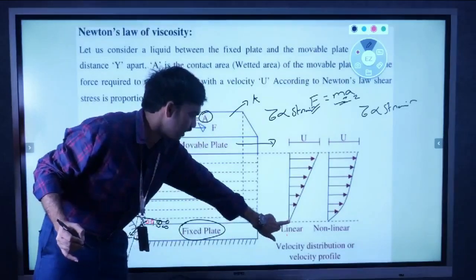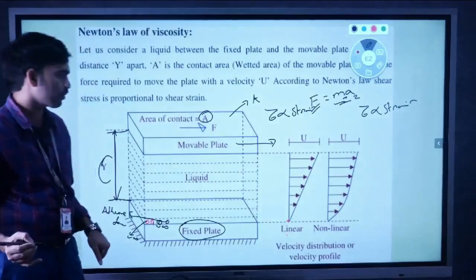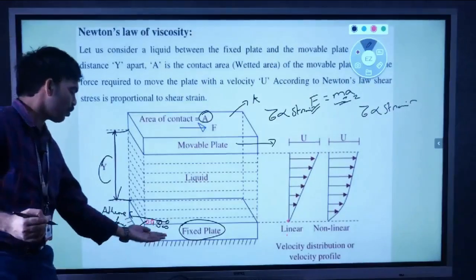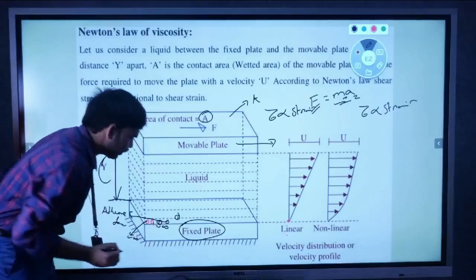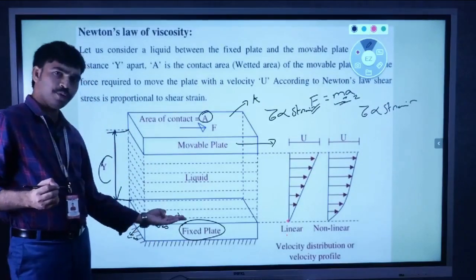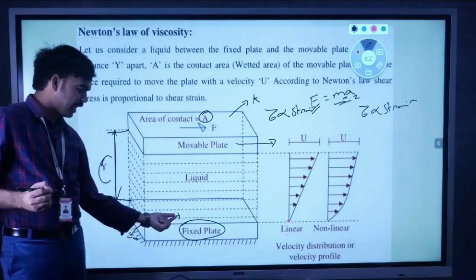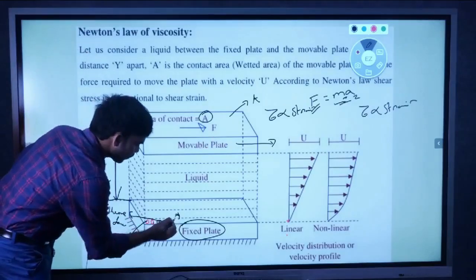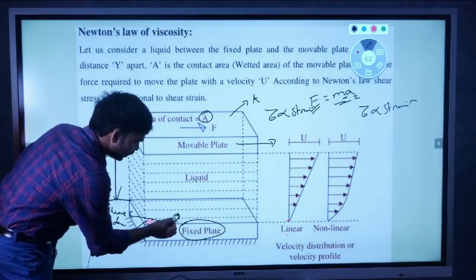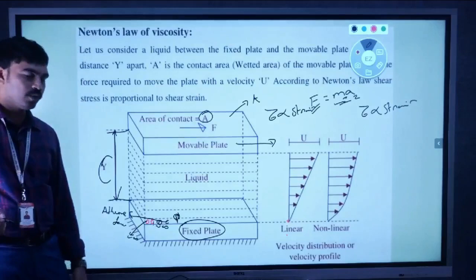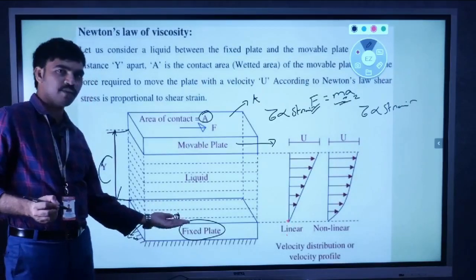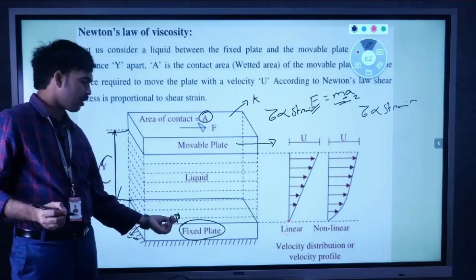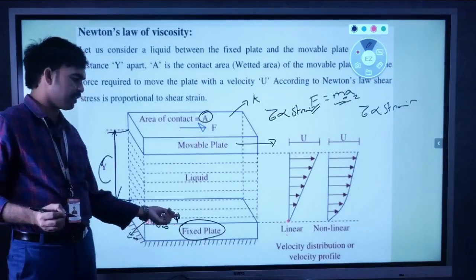Next, if you go up, to the second particle, there is still an adhesive force from the solid surface. So this influence will be here, but it is less because it is some distance away from the solid surface. Because of that, the velocity slightly increases.